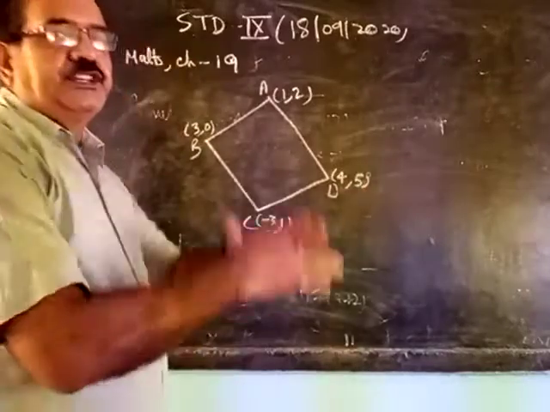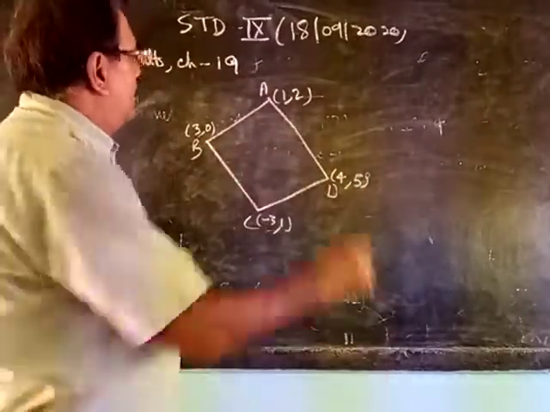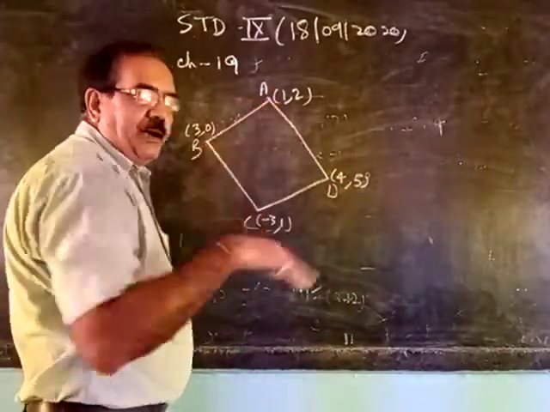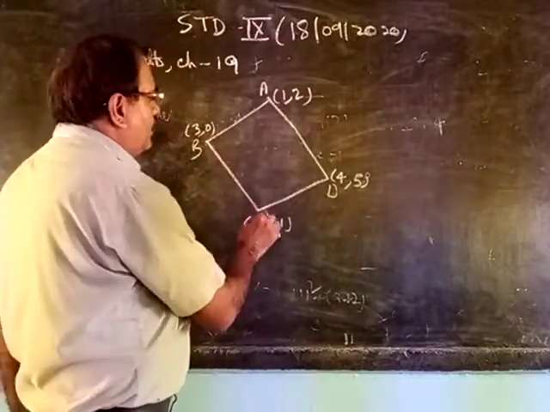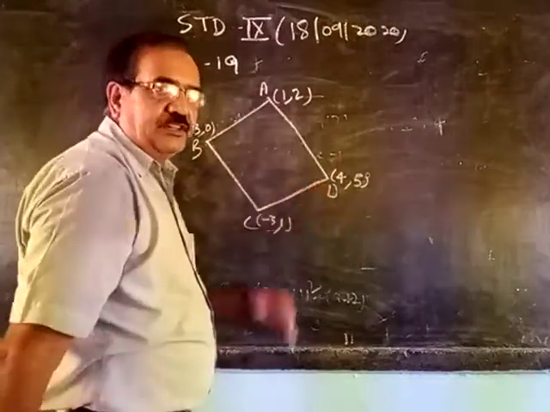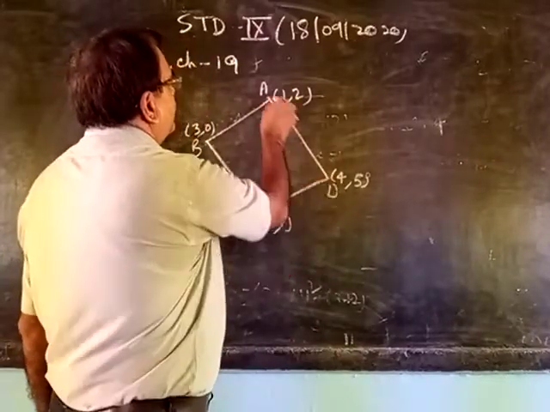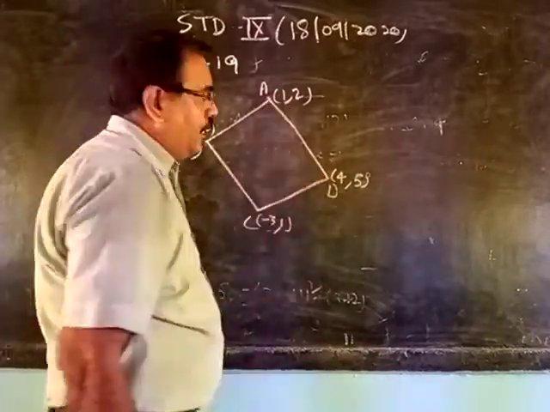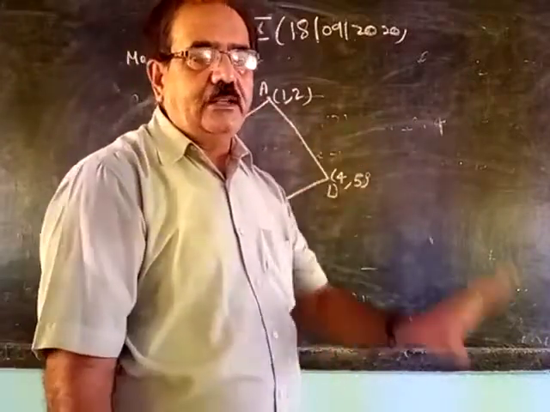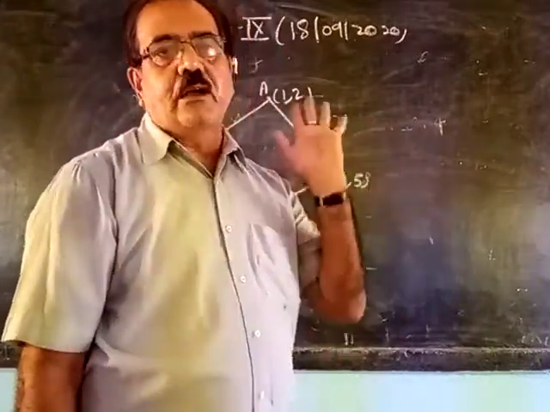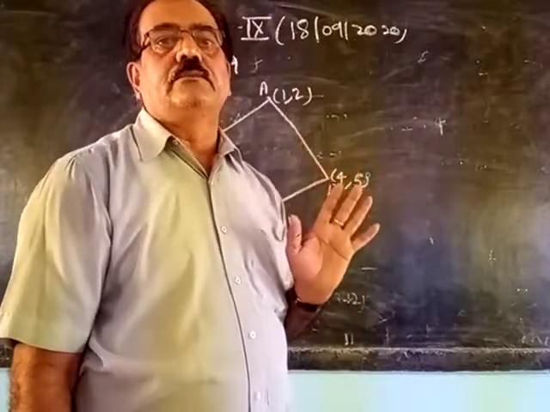You have to prove that it is a rhombus. How will you prove it? Find AB by the distance formula, find BC, find CD, and find AD using the distance formula. If all sides come out equal, then it is either a rhombus or a square.